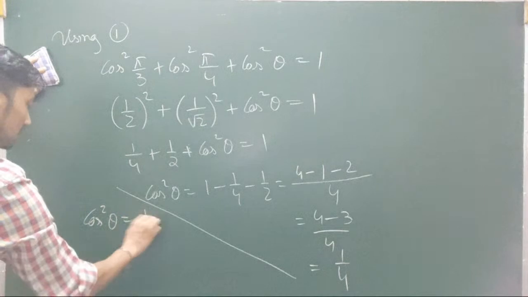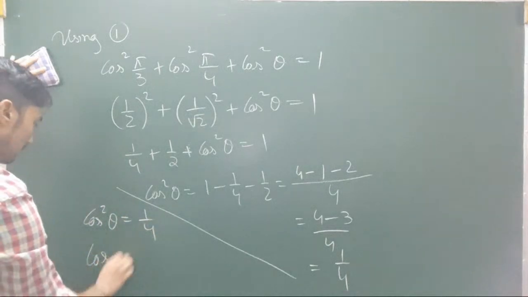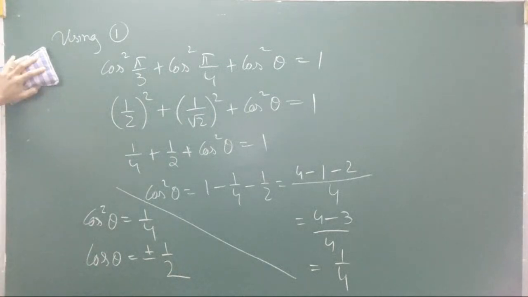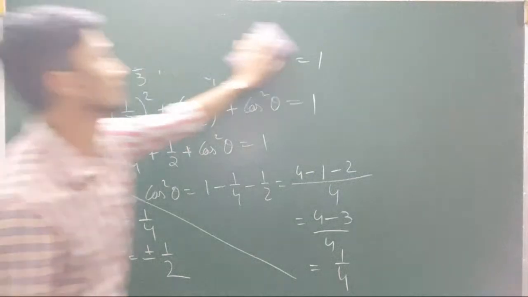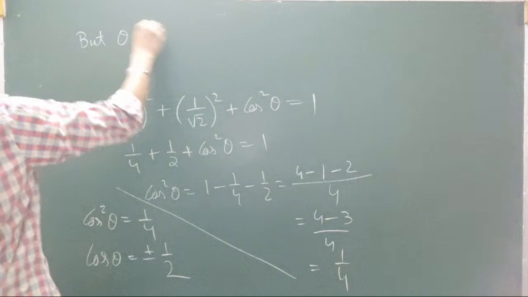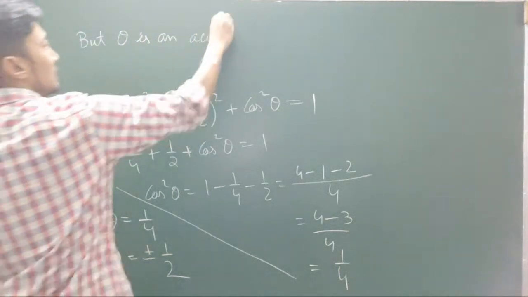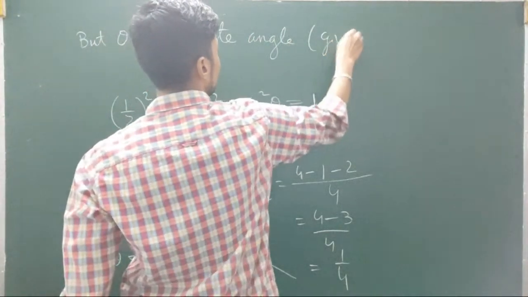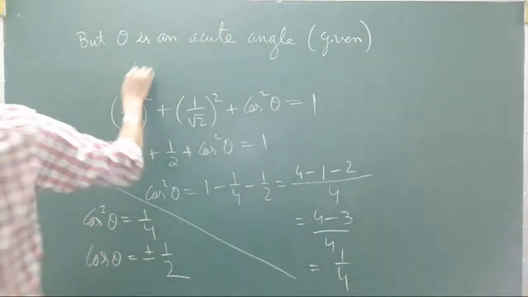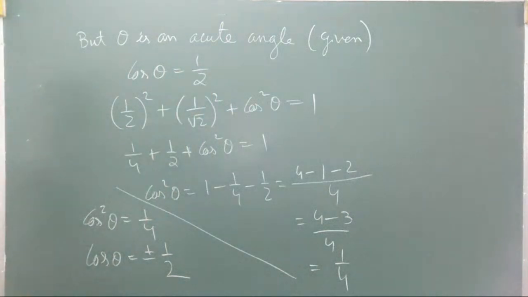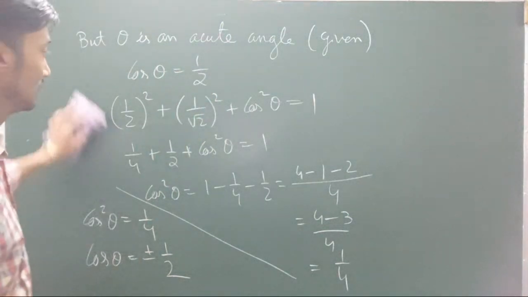So cos square theta is 1 by 4, which means cos theta will be plus or minus 1 by 2. But theta is an acute angle, that's what is given in the question. Always read your questions properly. So cos theta will be 1 by 2, because cos theta equal to minus 1 by 2 will happen for an obtuse angle only.